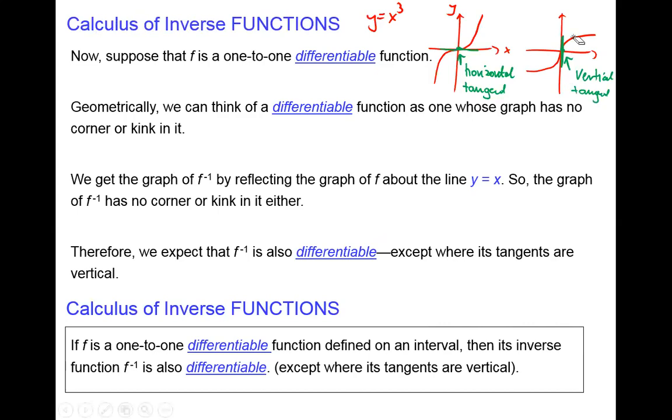Of course, it's undefined. Since the slope is undefined, there is no slope, no derivative. That is the exception: at this point we will not have a derivative, and the function will not be differentiable. It's just one point, and any other points have derivatives. We just have to exclude this one.